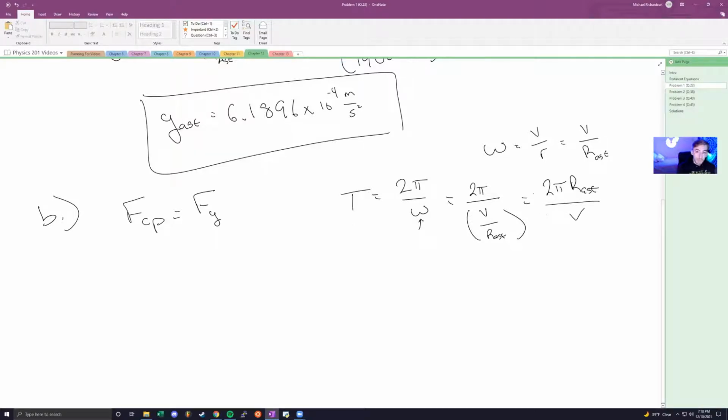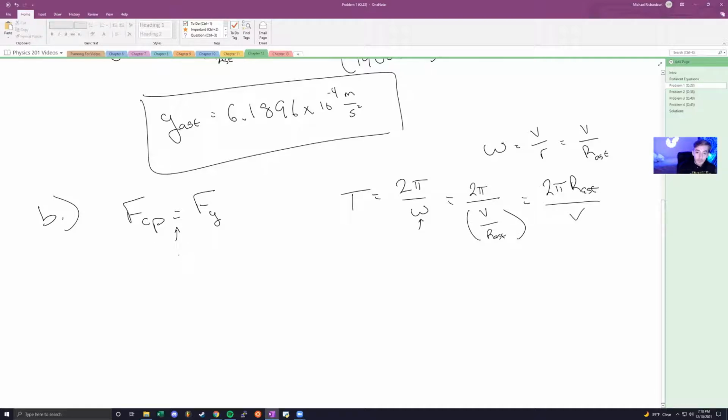So now we have an equation that relates our period to the velocity on the surface, or rather the velocity that is tangential to the rotation of the surface. So kind of going with this equation right here, our centripetal force is going to be mv squared over r. That's something that we know.